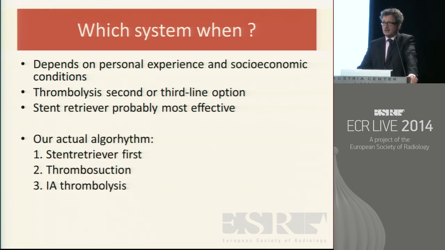So our actual algorithm is that we use the stent retriever first. If it fails after 2 or 3 passes, we go to thrombosuction. And if thrombosuction fails, then we would start an IA thrombolysis. To be honest, it happens very rarely that we go beyond step number 1 nowadays because they are very reliable systems.